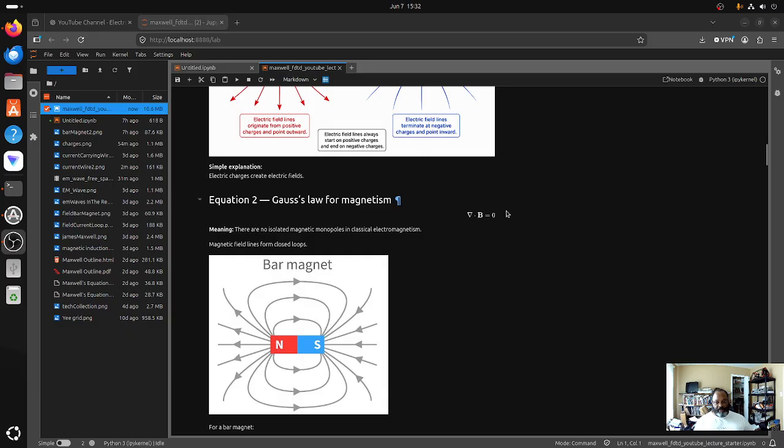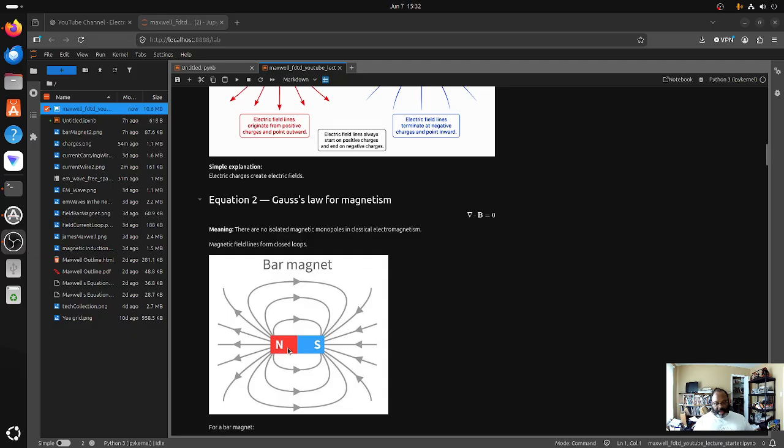Then we have Gauss' law for magnetism. Del dot B is equal to 0. What does this equation mean? This equation means that there are no magnetic monopoles. We have an example of a bar magnet here. We can see the field on this bar magnet. These field lines make closed loops.